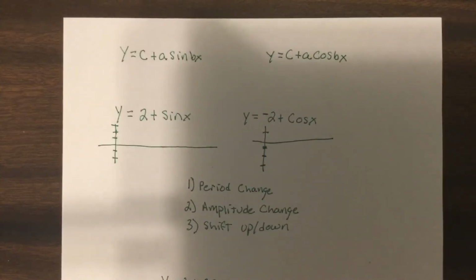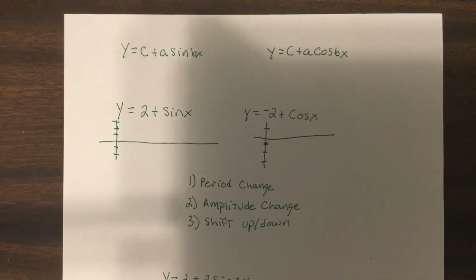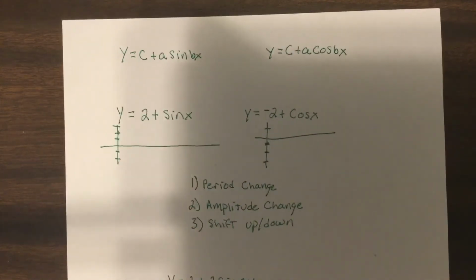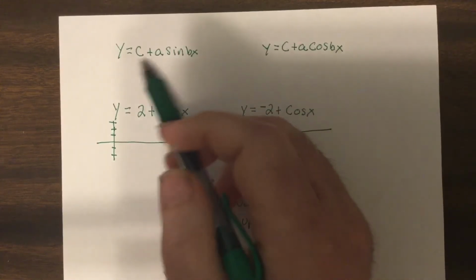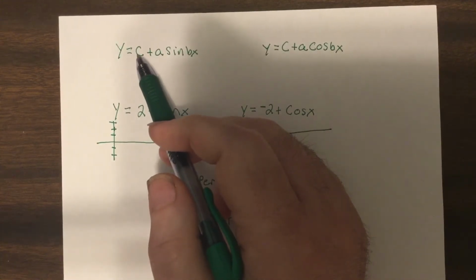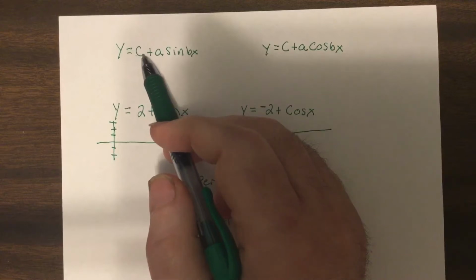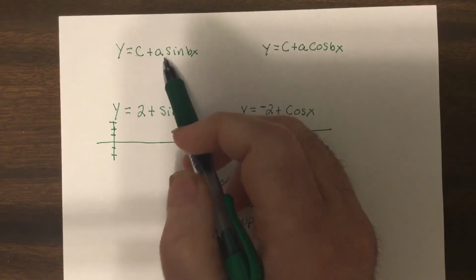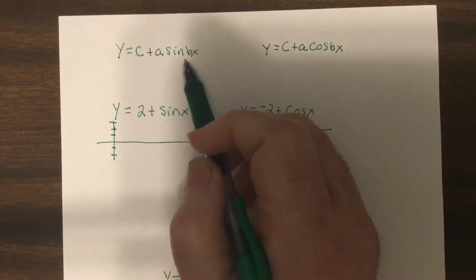So anyways, today we're going to do the third change in graphing, and that is add or subtract a number, or say it this way, add a positive or add a negative number to the trig function. What would happen to the graph? Well, notice here's your trig function.